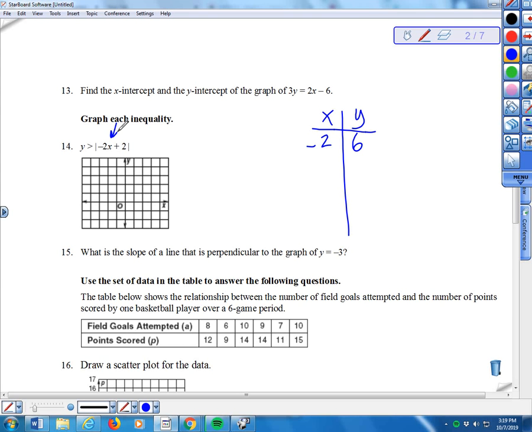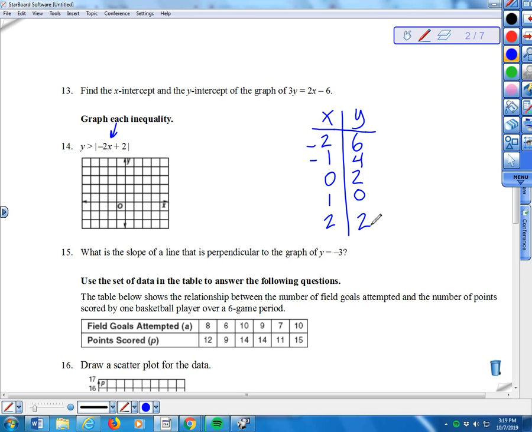Okay, -1. Let's just try these. -1, -2 times -1 is 2, plus 2 is 4. 0, 2. 1, 4. -2 times 1 is -2, plus 2 is 0. 2, -2 times 2 is -4, plus 2 is -2, absolute value, 2.